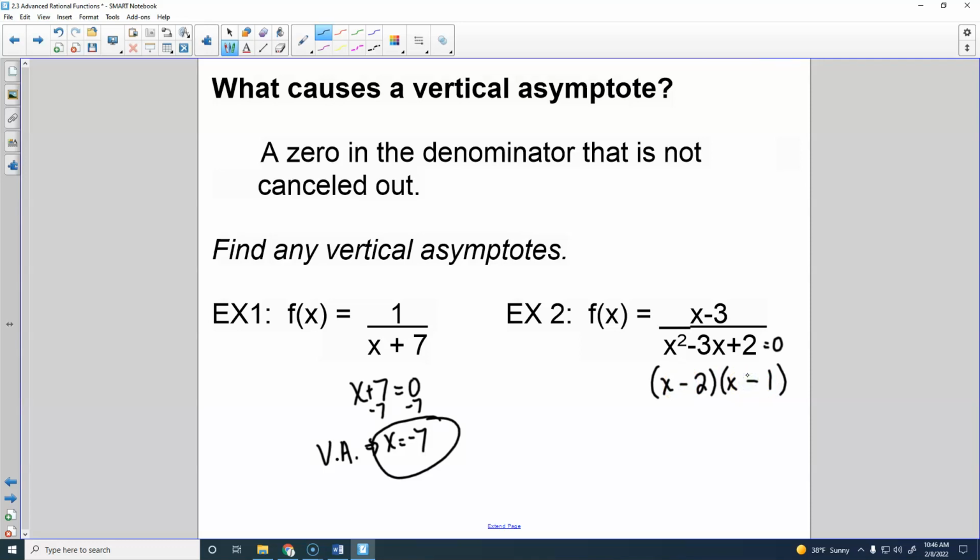So then make sure whenever you do this, that it's set equal to 0. You've got to remember to do this step where you set each one equal to 0. Now, I don't care if you write that down or not. You can do this part in your head. But your answer has to be x equals positive 2 and x equals 1. So these would be our vertical asymptotes here.